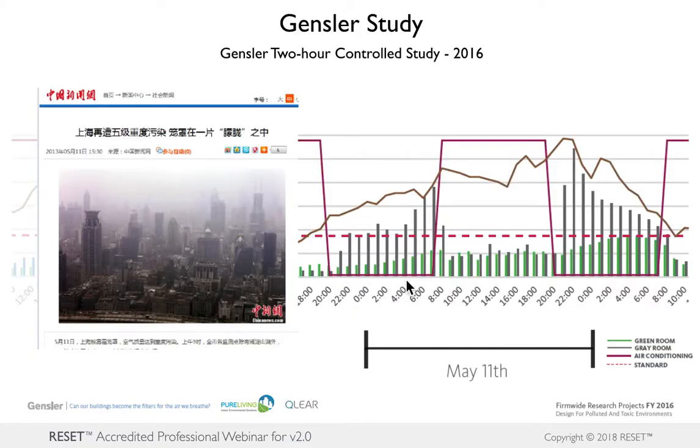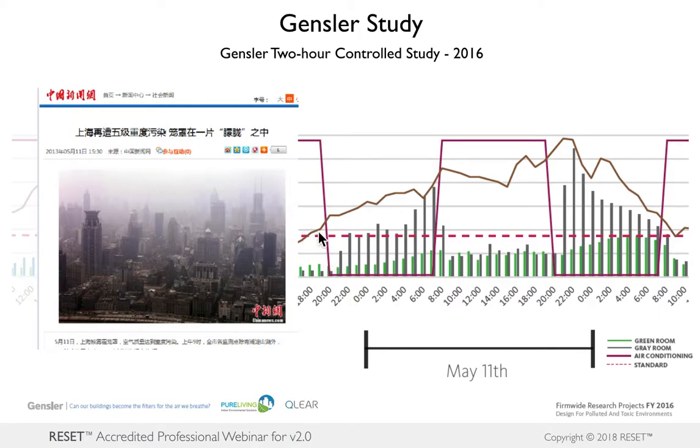When you zoom in on this, again, this is our mechanical system turning off and on again. And we've got our gray room expressed by the gray bars that are measuring our PM levels. And we have the green lines that are expressing the measurements in the green room. And then the dashed line is showing where we would like to attain and maintain our PM levels as expressed by Healthy Limits, World Health Organization, EPA.